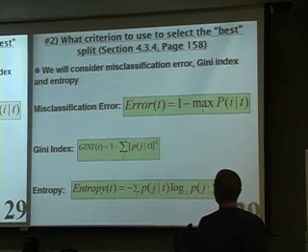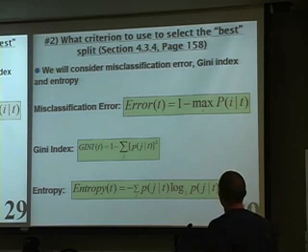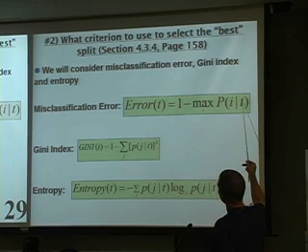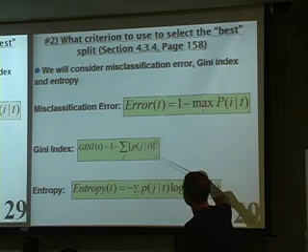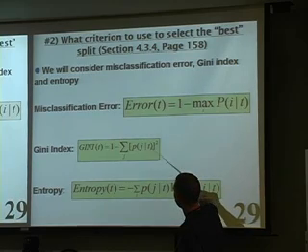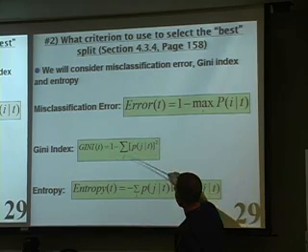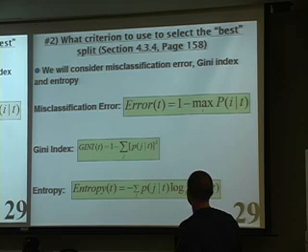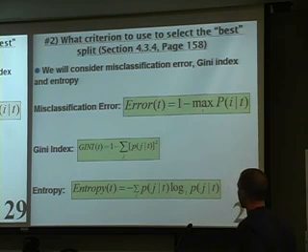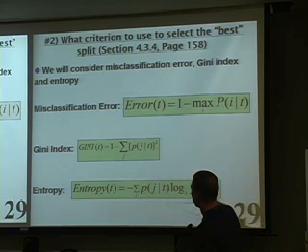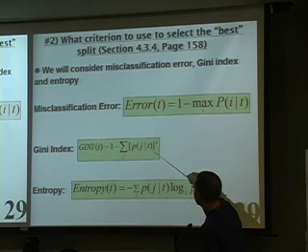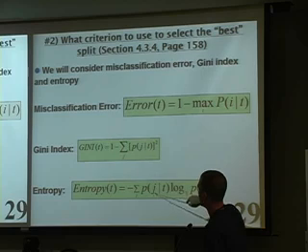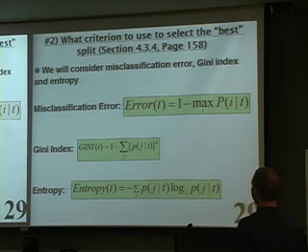So that's the obvious thing to do, but it turns out people don't like to do that. Other popular approaches are the Gini index, which is to take each probability for each class, square it, sum them up, and take 1 minus that, or the entropy, which is p times log base 2 of p summed up with a negative sign. So these are common approaches. I think I'll go into detail on these next time, but basically the Gini index is what rpart is using, and entropy tends to be what things like C4.5 are using. You can correct me if I'm wrong, but I'm pretty sure on that one.